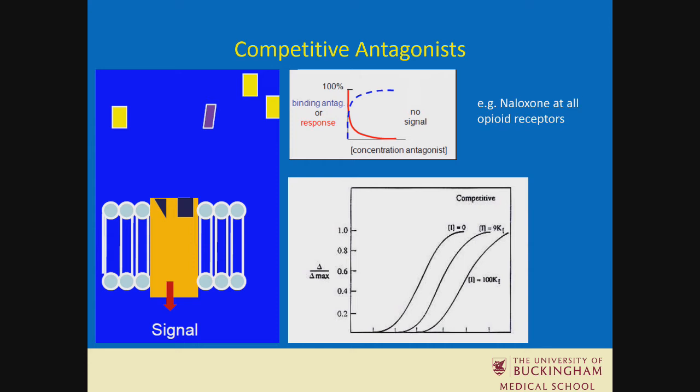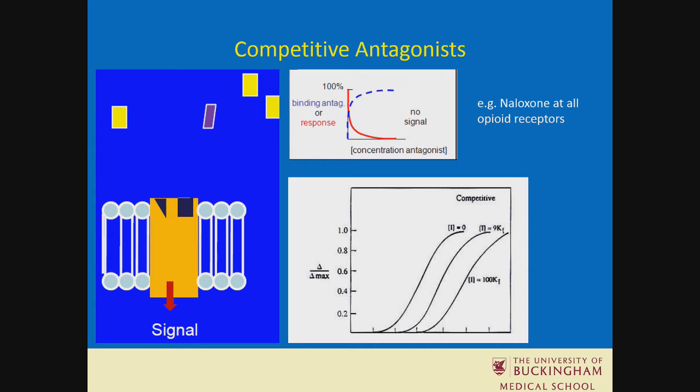And you can construct some lovely curves here, and you can put your antagonist in there, but you can see as you increase the dose of agonist, you can overcome this inhibition, so you can compete off the antagonist, so you can still reach the maximum effect. So as you put more and more antagonist in, you're shifting the curve in that direction, but you're not depressing that maximum effect. You are able to have your agonist in there to knock the antagonist out.